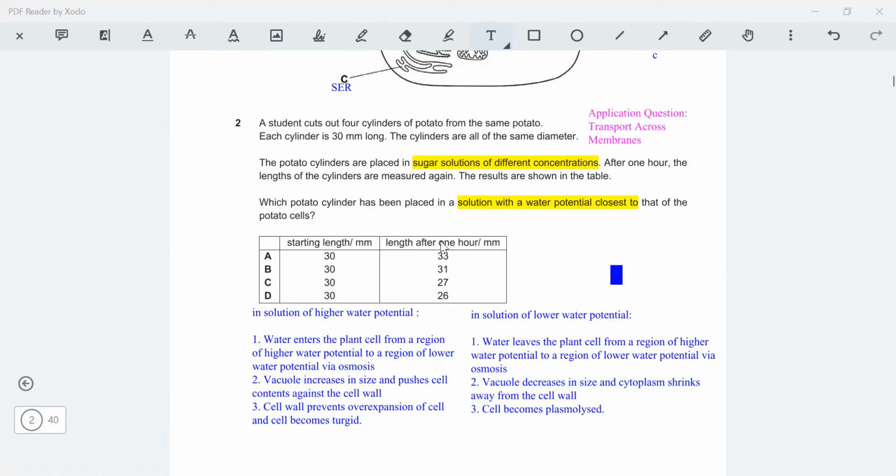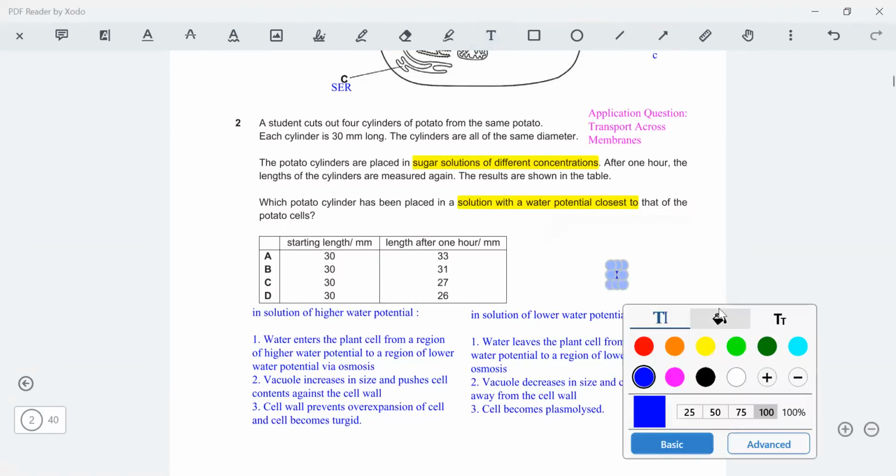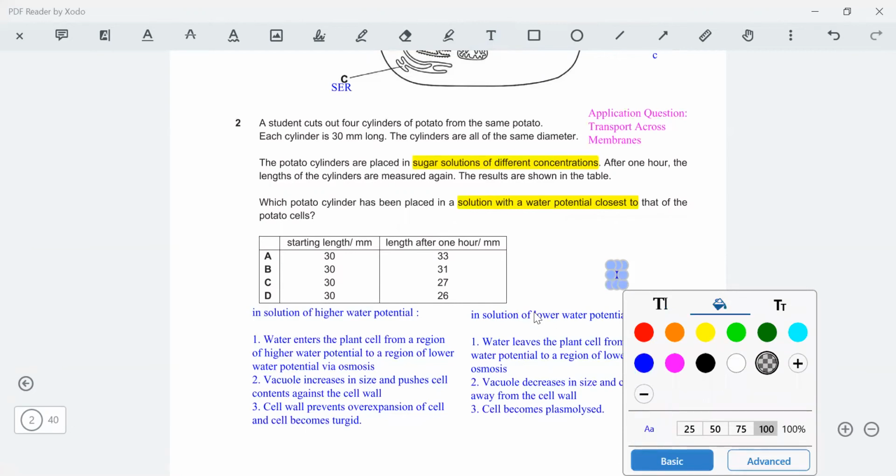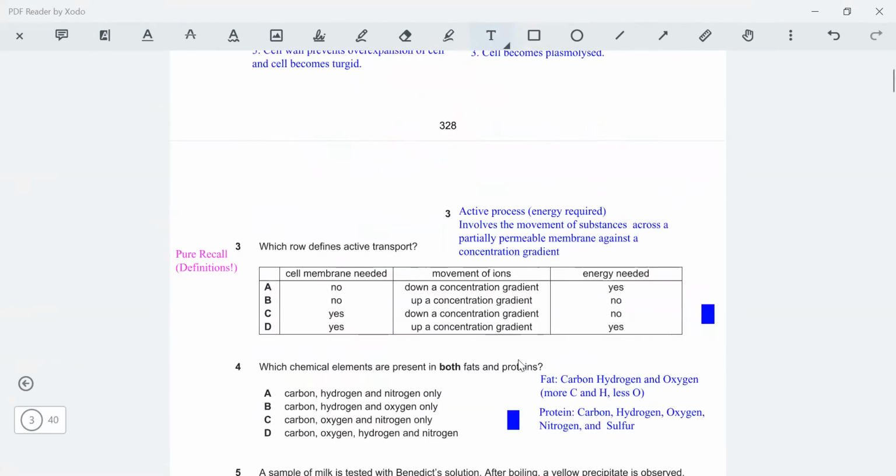So when you do look at these options, a solution with water potential closest to that of the potato cells would change the least out of the 4. So the answer is B. Let me just change this. The answer is B. Let's move on.